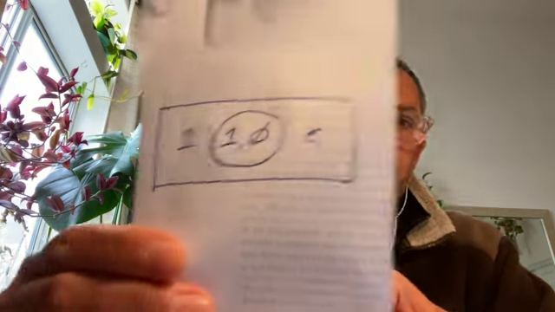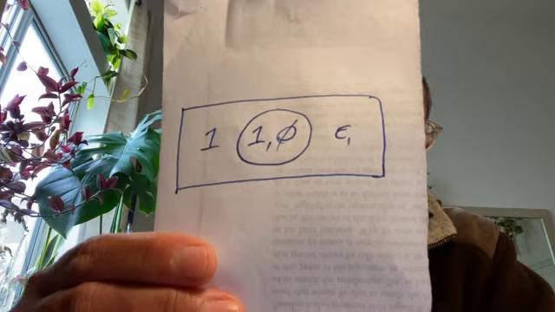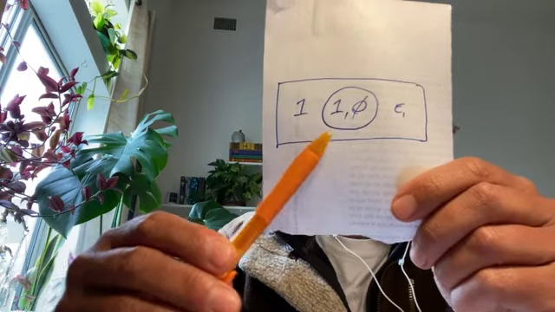I think the most elusive, enigmatic part of this diagram that we get from chapter 24 is not the empty set. It's the one that repeats. What about this one that Lacan uses to designate this set?